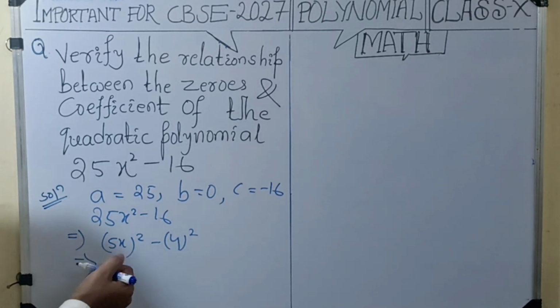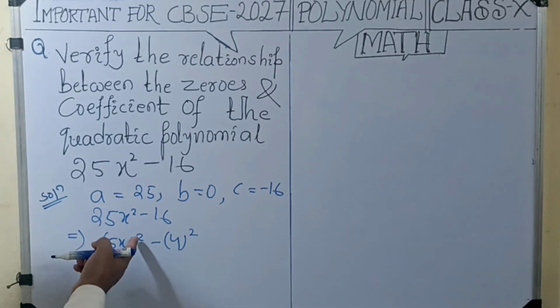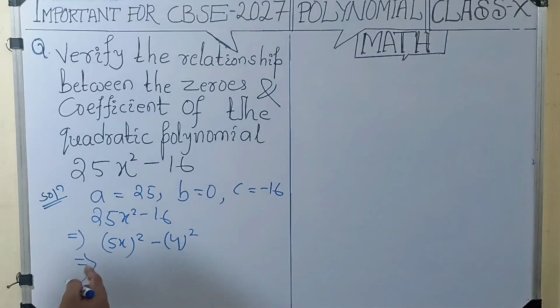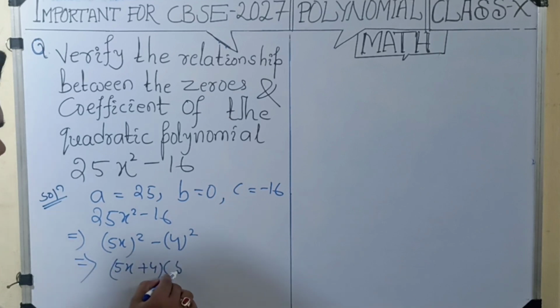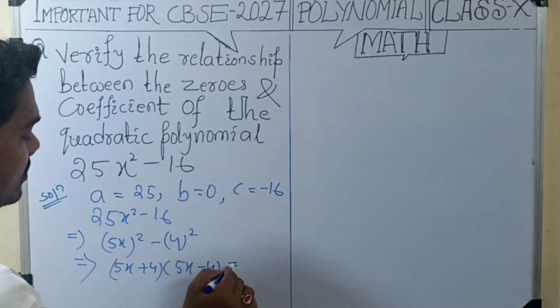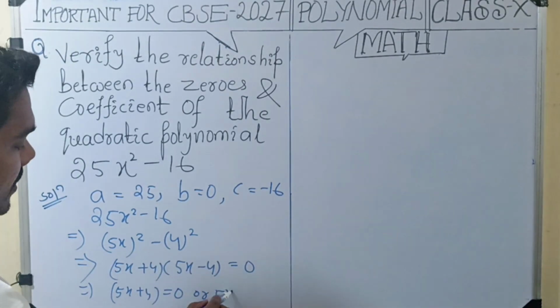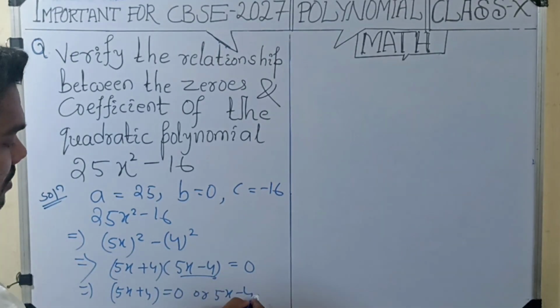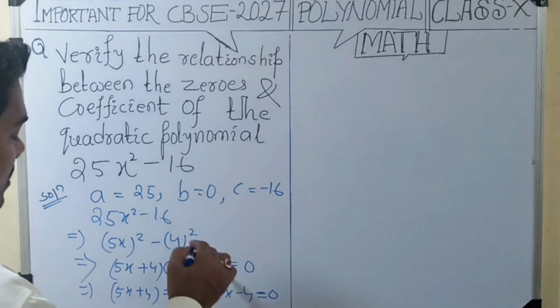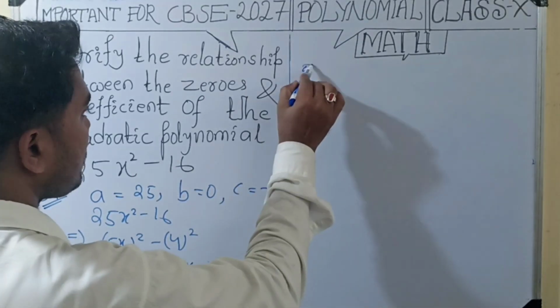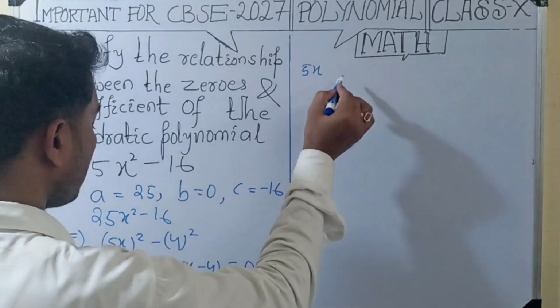So you can write this in the form of the a square minus b square formula, that is a plus b into a minus b: 5x plus 4 into 5x minus 4 is equal to 0. This implies that 5x plus 4 is equal to 0, or 5x minus 4 is equal to 0.